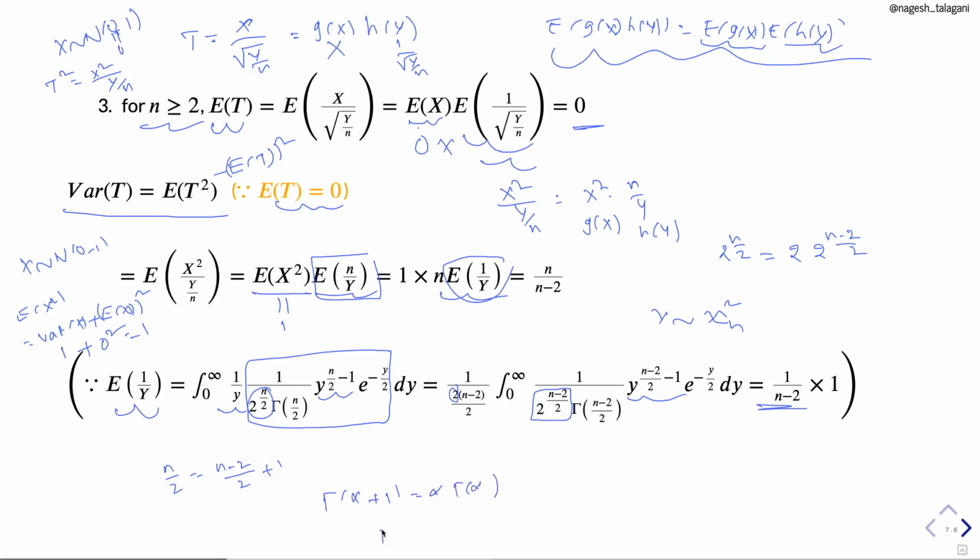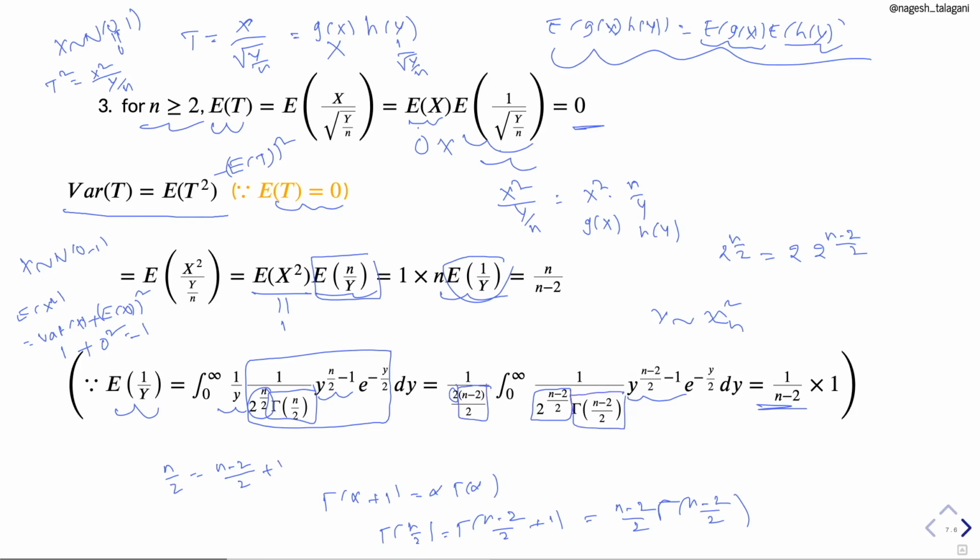So that's why gamma of n by 2, I can write gamma of n minus 2 by 2 plus 1. This I can write n minus 2 by 2 times gamma of n minus 2 by 2. That's why here this gamma of n by 2, I'm writing n minus 2 by 2 times gamma of n minus 2 by 2.